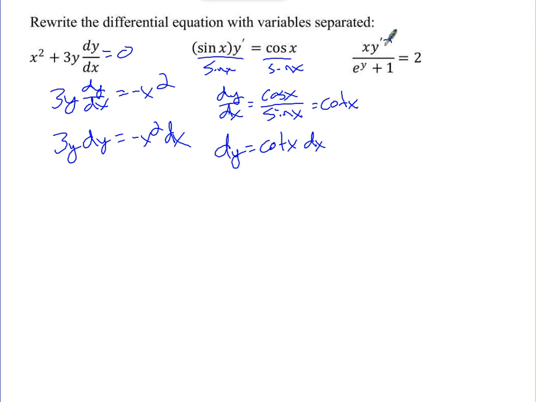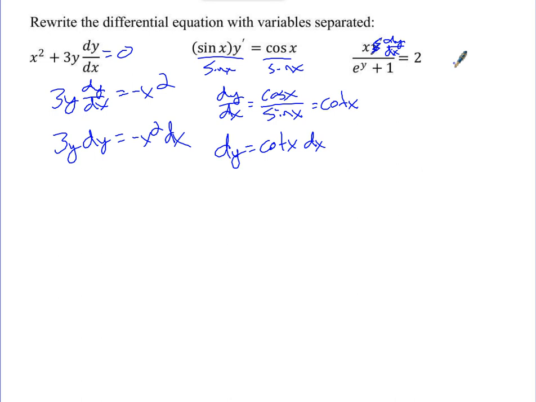Y prime is dy over dx, right? So I don't need this y prime, I need dy over dx. So now the issue is I need to get x on this side and the dx on this side. If I put the y on the other side, then I have to divide by dy, which gives me 1 over dy, which I don't know how to deal with.